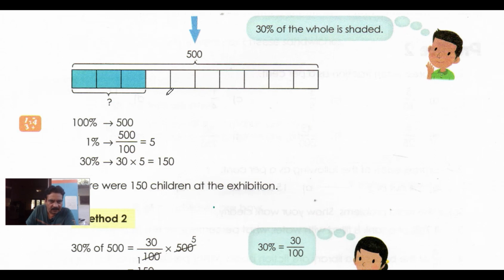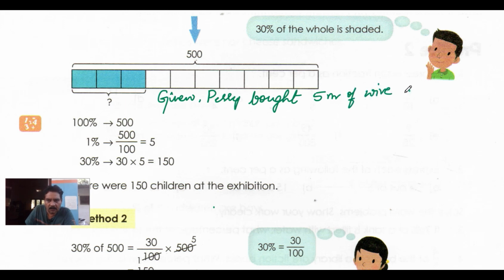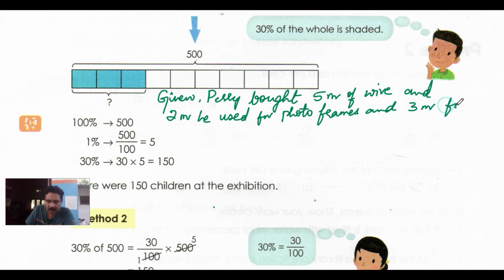So let's write given: Perry bought 5 meters of wire, and 2 meters he used for photo frames and 3 meters for making jewelry.